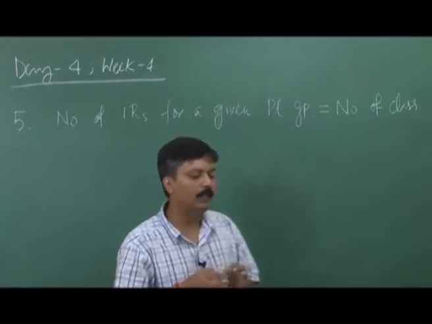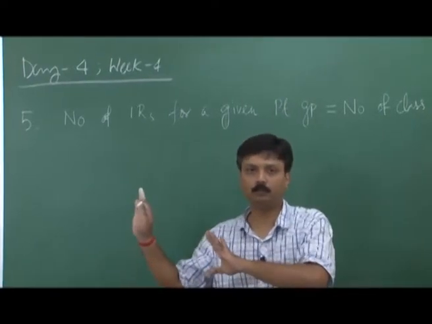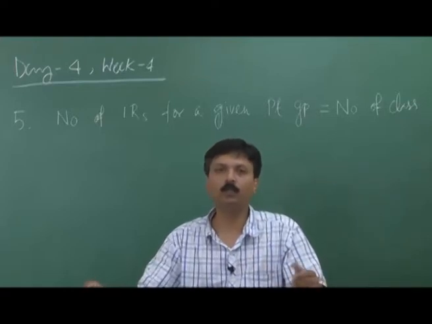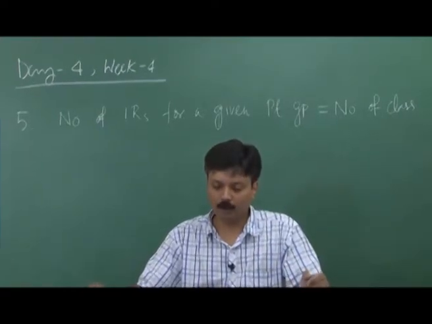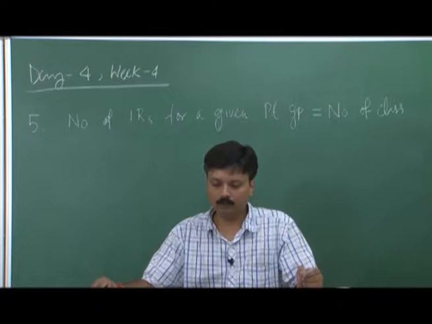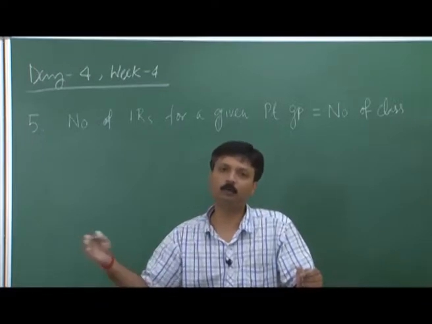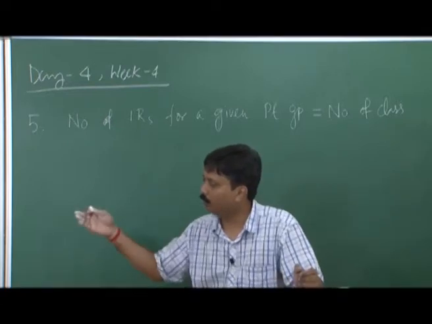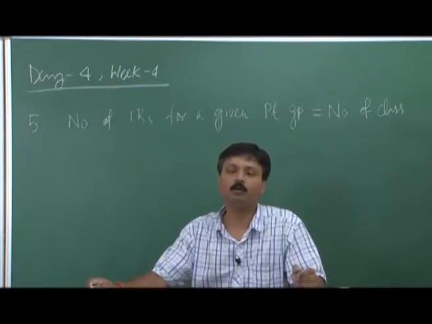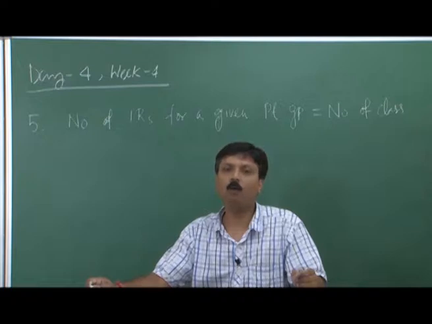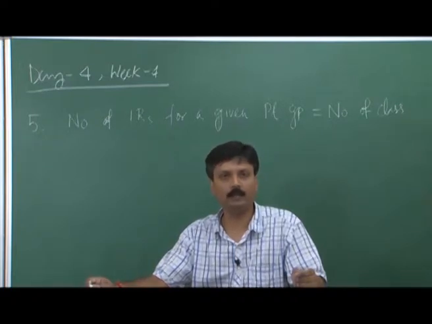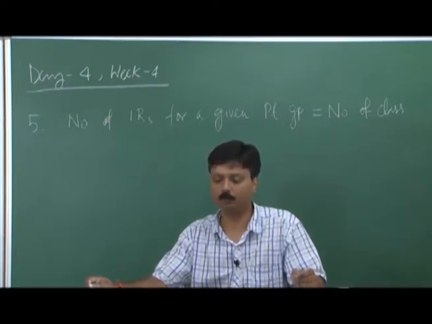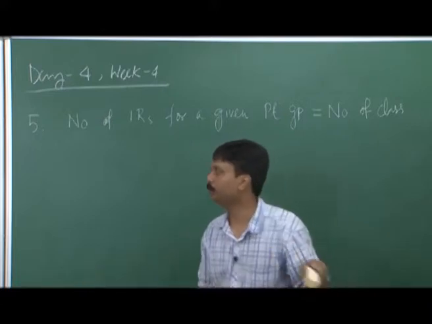Okay, so let us try to illustrate all these 5 rules that we have got from the great orthogonality theorem. This will help us a lot, because in this process we will be able to see how one can form a character table for a particular point group.